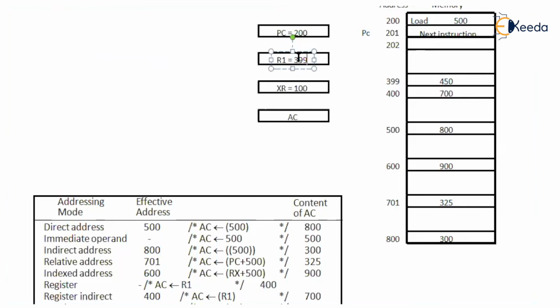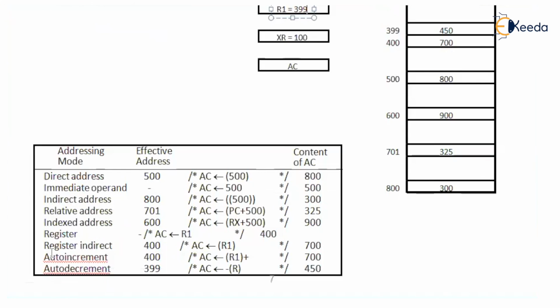Taking this 399, we go to the memory location, take 450, and get it loaded into the accumulator. That is the difference between auto increment and auto decrement. In auto increment, after performing the operation, we go back to the register and increment the contents. But in auto decrement, first we go to the register, decrement the contents, and that is the effective address.